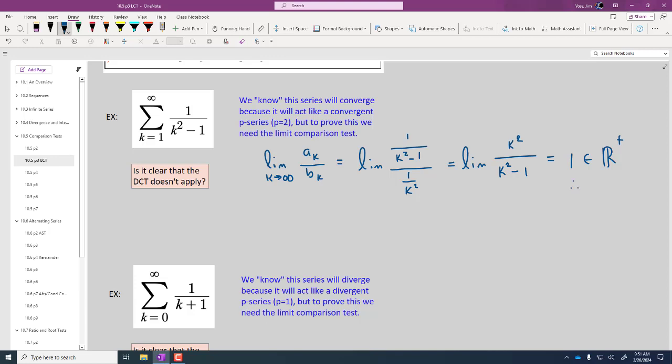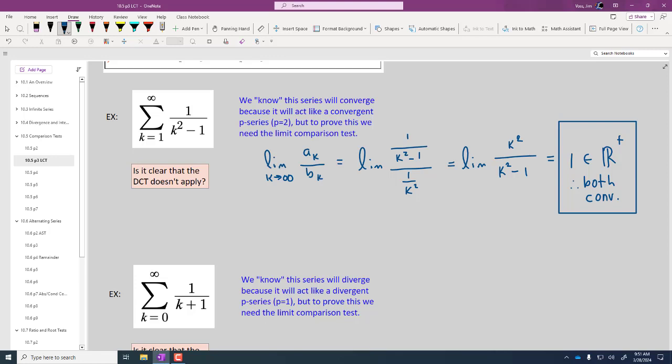So therefore, both series converge. Since we chose a b sub k that converges, the b sub k series converges, and the a sub k series converges as well. So if you get a positive real.